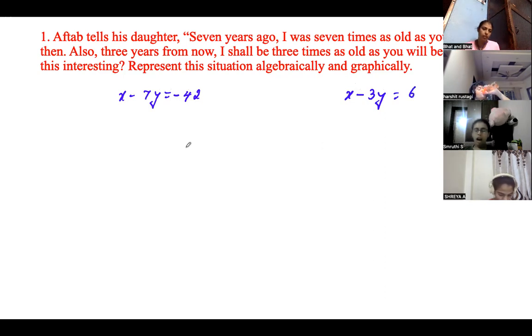Correct? Now, to do the graphical representation, we have to find the x and y coordinates, correct? So for that, we know what we have to do. We have to write the table. So we will write it like this.